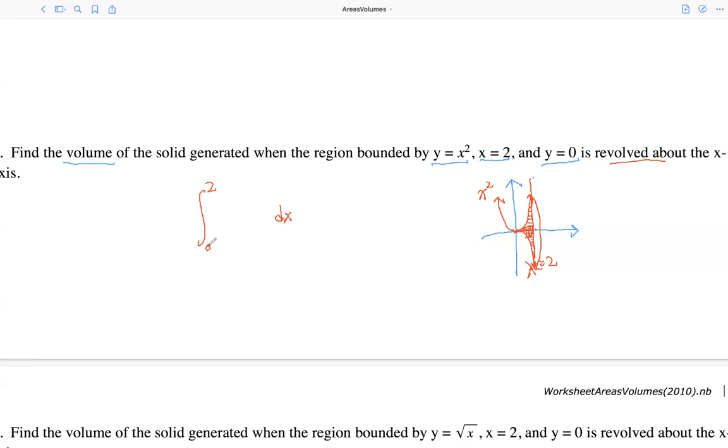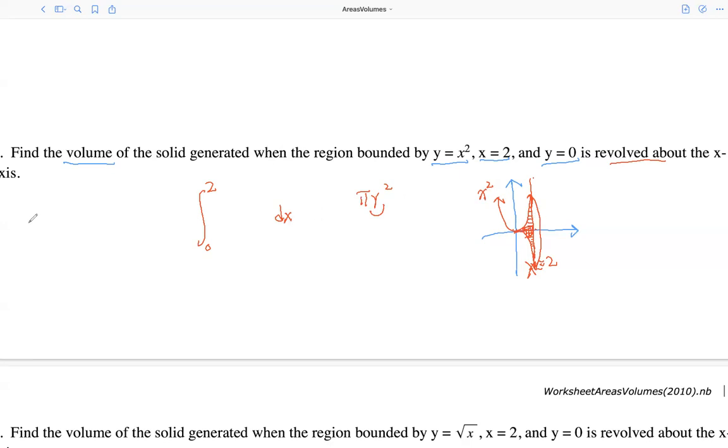One dimension we already have, so the x-axis is cut into infinitesimal units from 0 to 2. That's how many circles we have. But then we want to find the area of each circle. Well, the area of each circle is pi r squared. So where do we get the radius r?